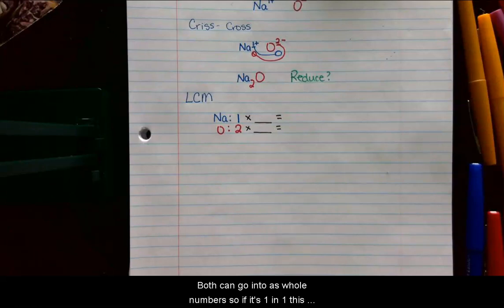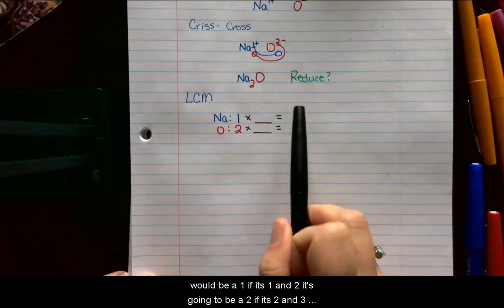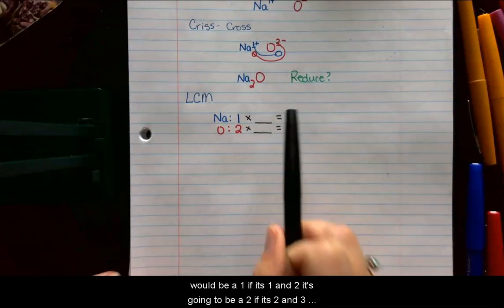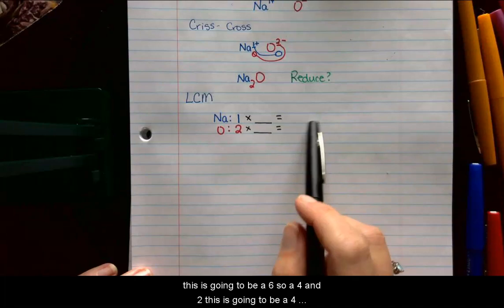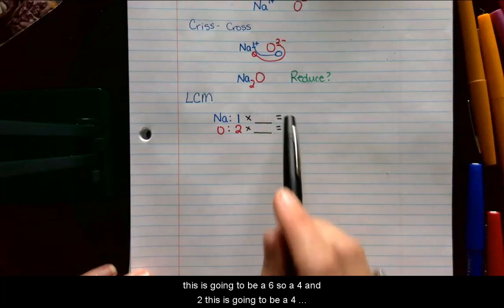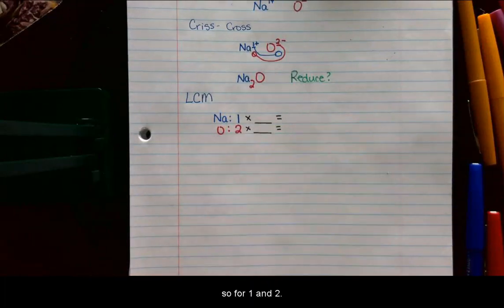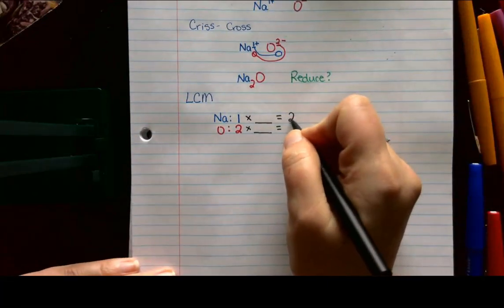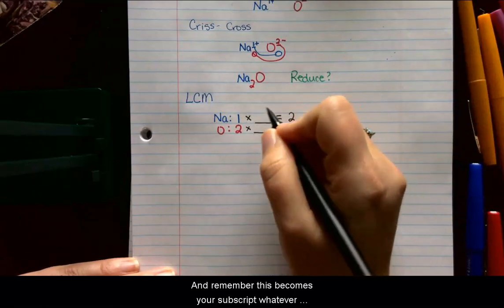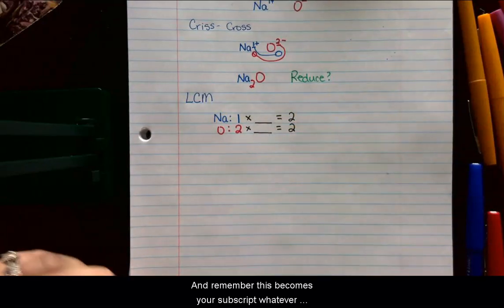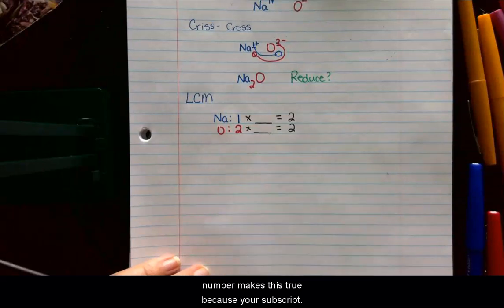So if it's 1 and 1, this would be a 1. If it's 1 and 2, it's going to be a 2. If it's 2 and 3, this is going to be a 6. If it's 4 and 2, this is going to be a 4. So for 1 and 2, the LCM is 2. And remember, this becomes your subscript. Whatever number makes this true becomes your subscript.